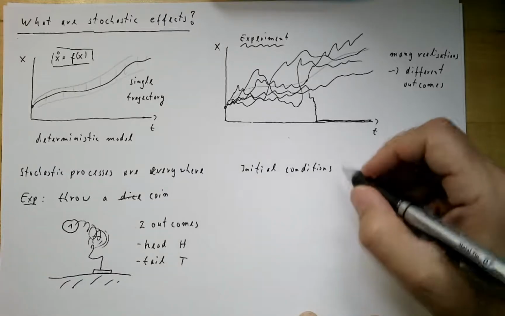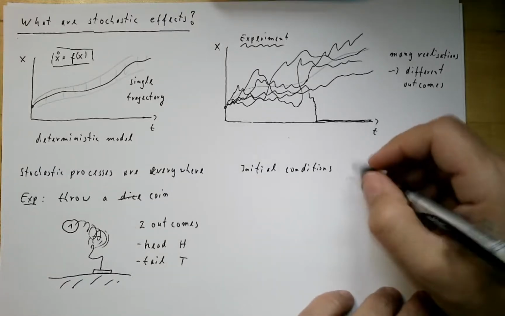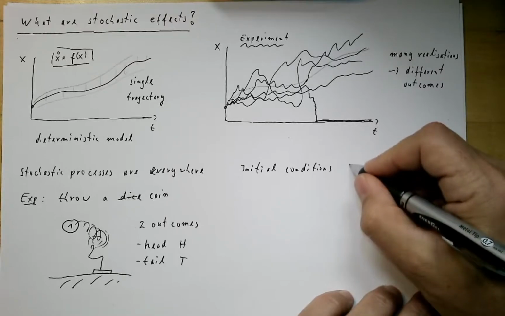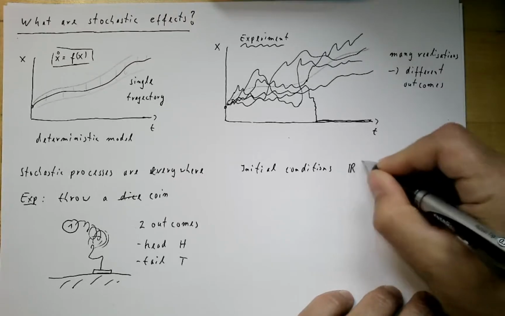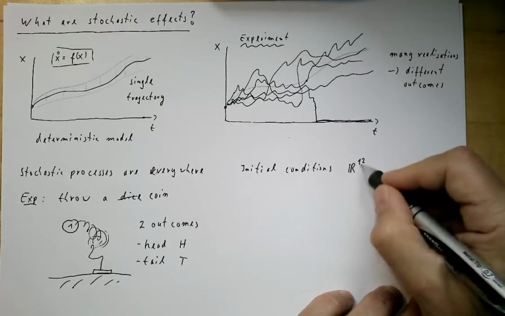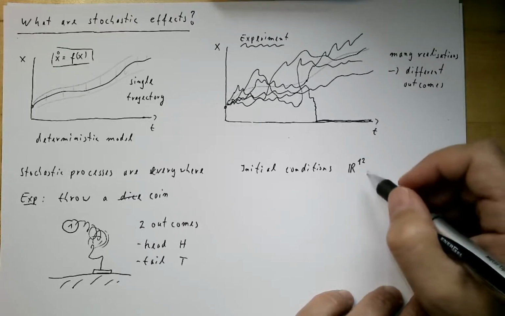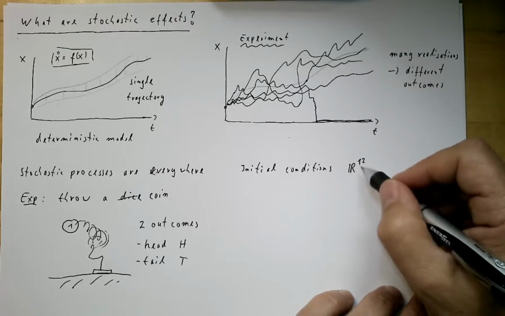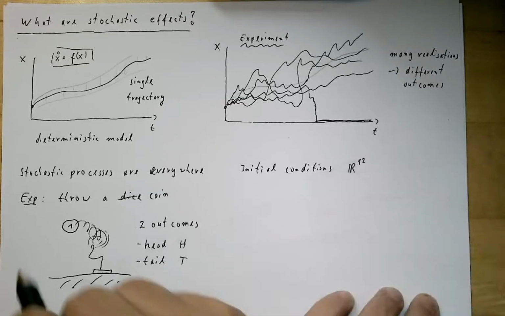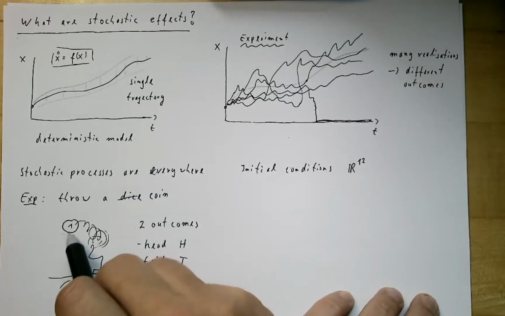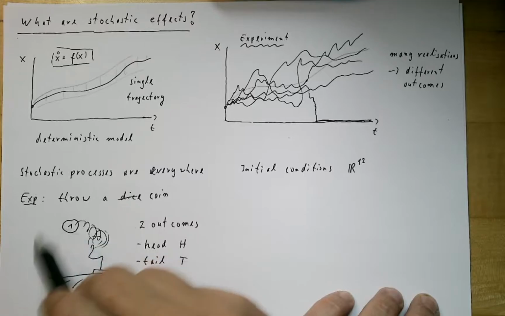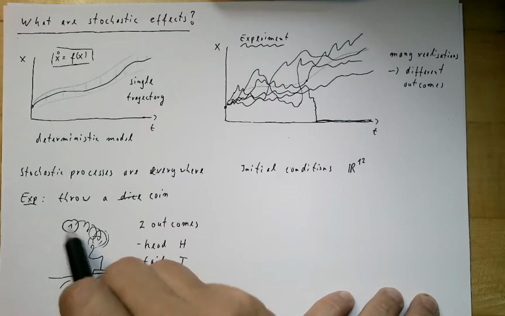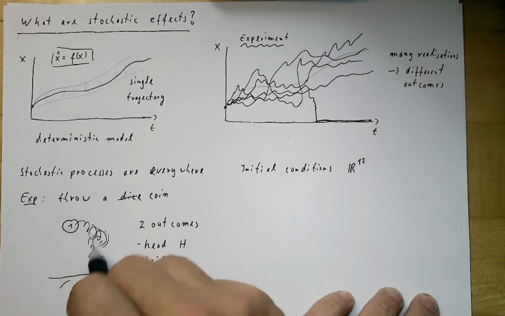So then we have maybe something from the R^12, a 12-dimensional state space. We need 12 numbers to determine the position, velocity, orientation, and rotation of our object. And then we run the experiment.